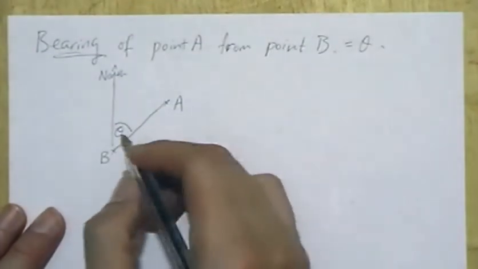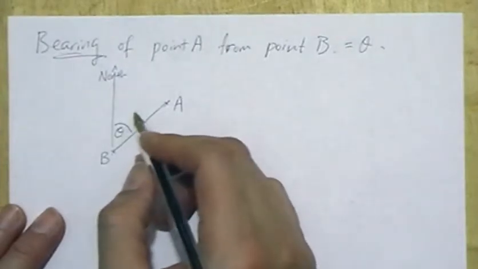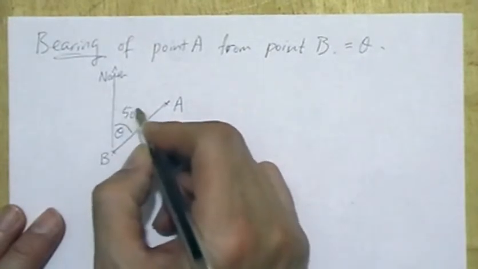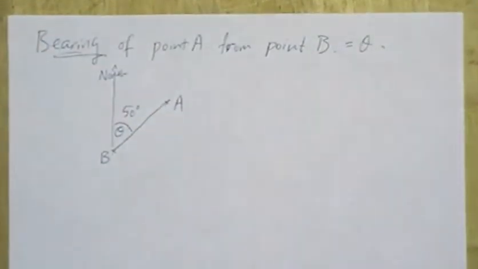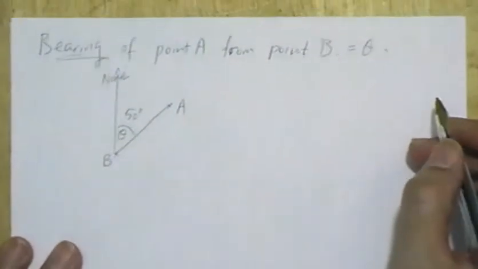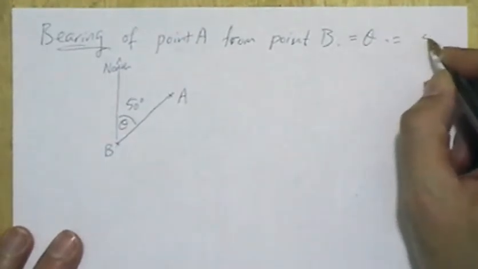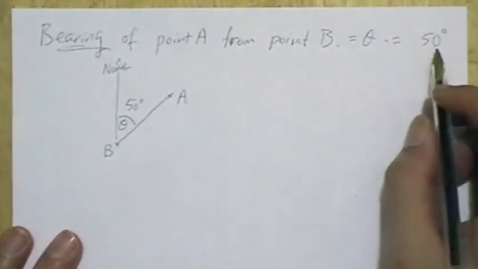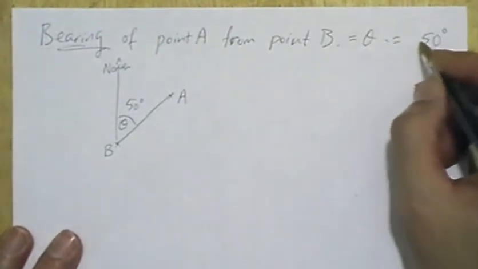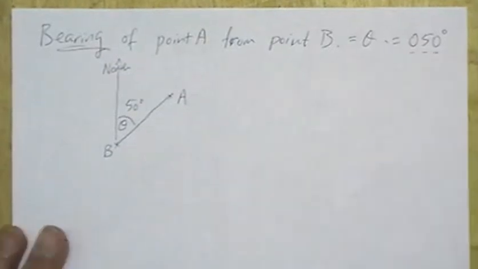For example, let's say this angle is 50 degrees. The usual way to write down the number is not just to write 50 degrees, but to add a 0 in front of it, to make it into 3 digits.